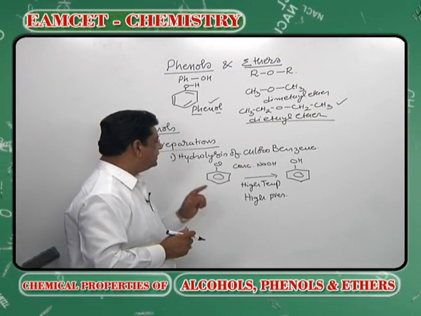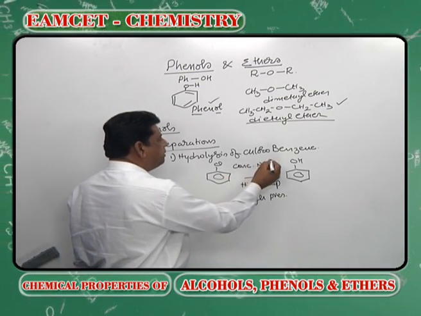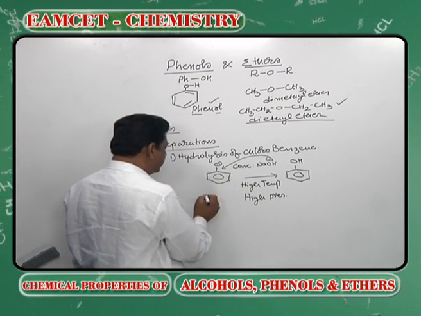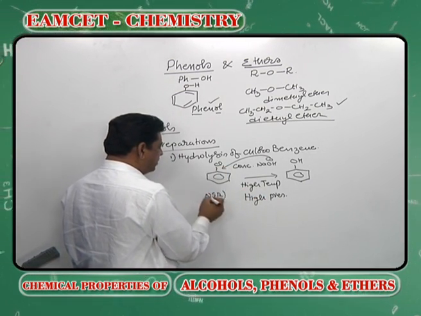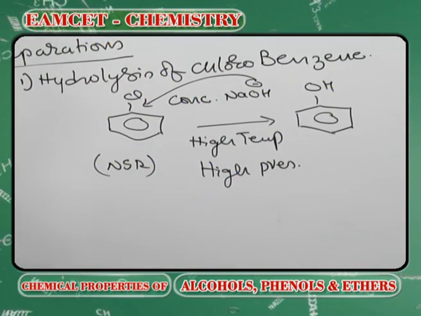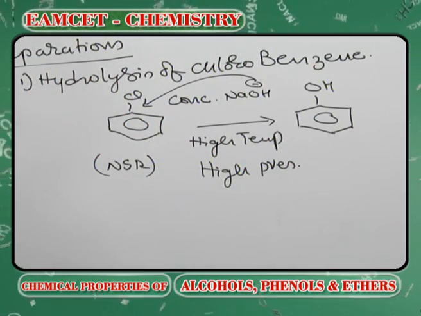With all these conditions, OH minus replaces the Cl. It is a nucleophilic substitution reaction. We cannot commonly prepare it in the lab, however we can do it in industry.